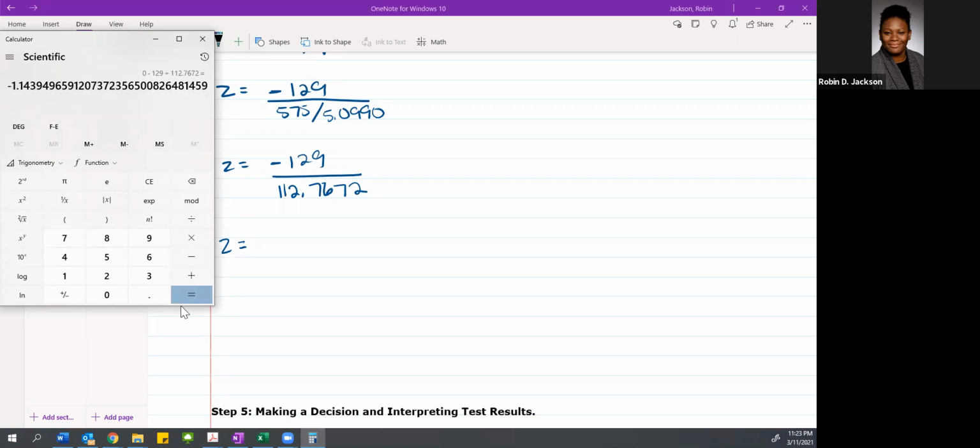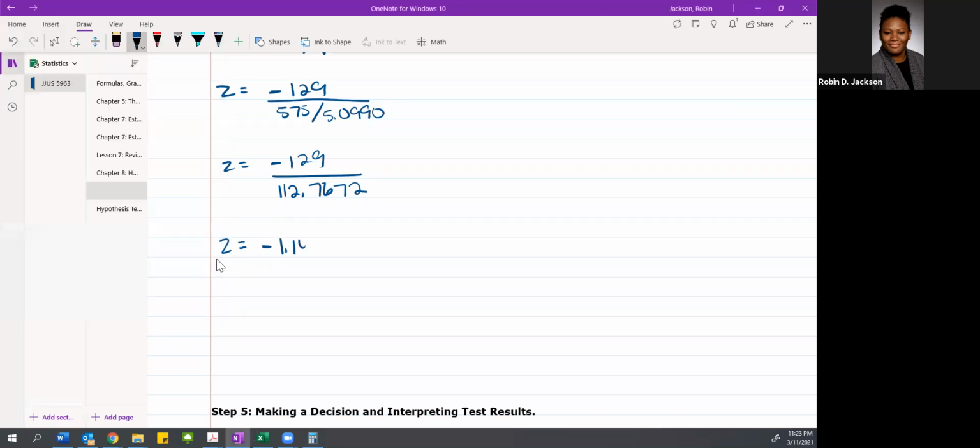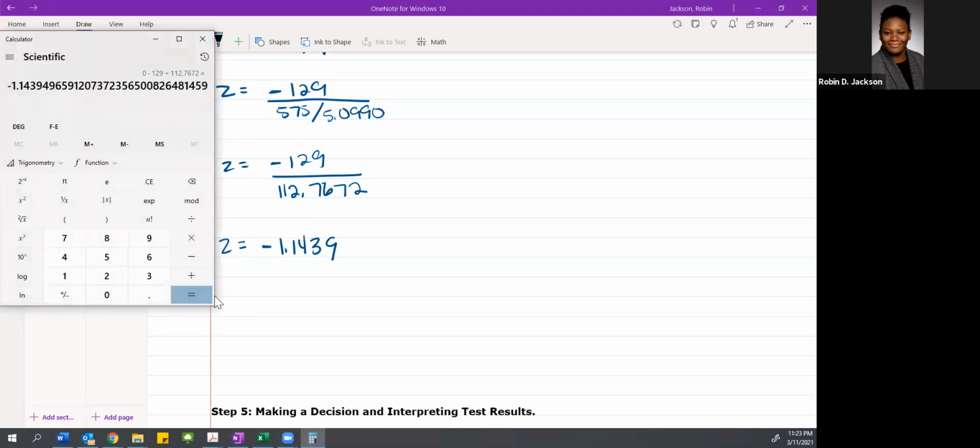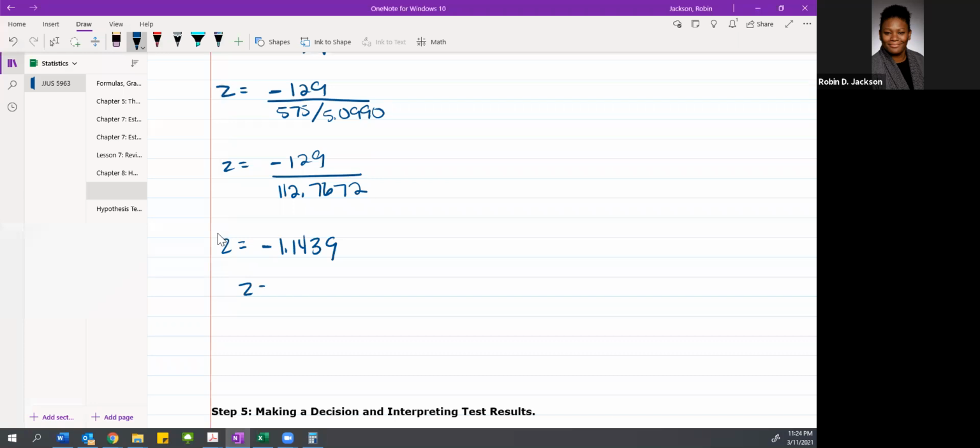We get negative 1.1439, because remember, I'm going out 4 places. The number after this 9 is a 4, not a 5, so we don't round up. But I want to get my z-score down to the second decimal place. So z equals negative 1.14. It's followed by a 3, so I don't round up.